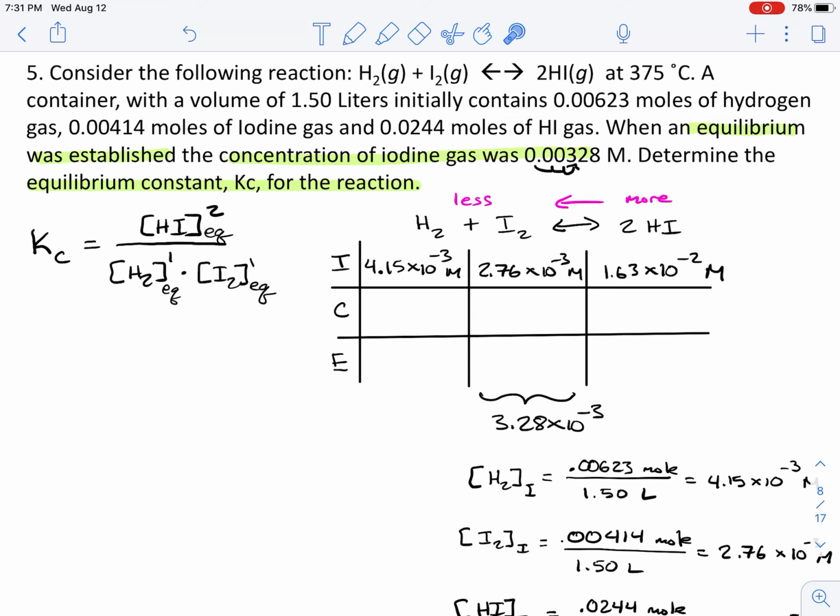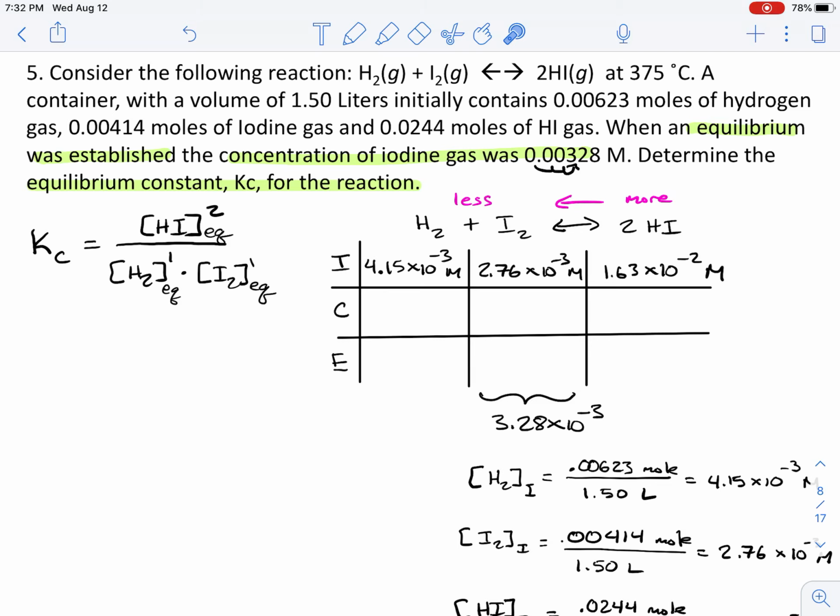And so remember that the equilibrium concentration is kind of like the final state. The beginning amount of iodine is 2.76, but at the very end it was 3.28. And so we have an increase in concentration of I2.